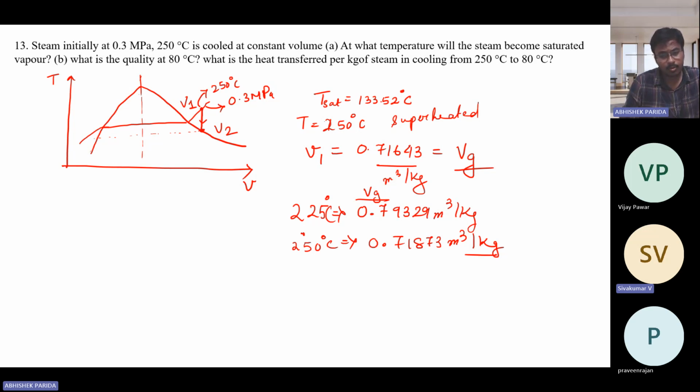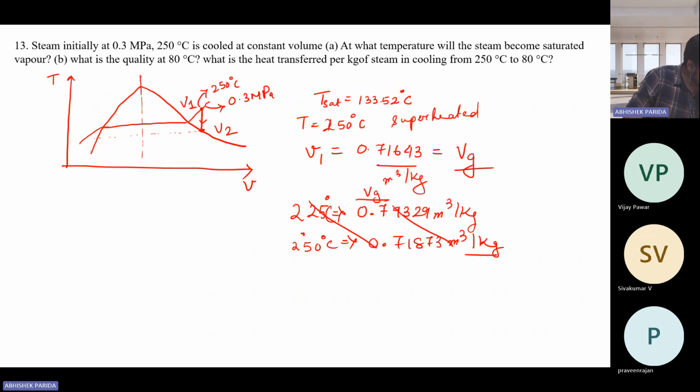For example, if I am referring to the saturation temperature table, it lies between 125 to 130. Oh, sorry, my mistake. I actually saw the pressure in kilopascal. Correct, sorry for that. It is actually not 225 degrees Celsius, that is 225 kilopascal. That is where this problem came.